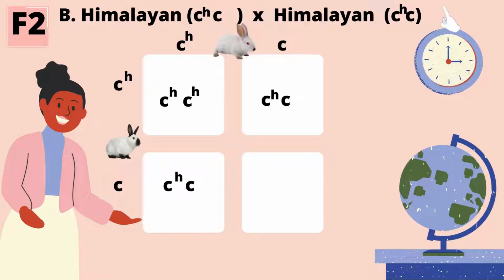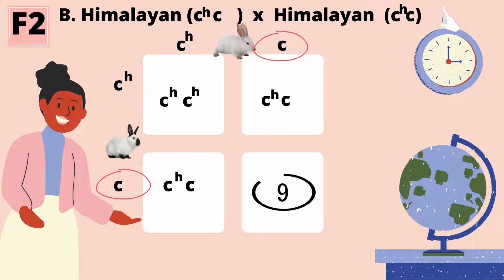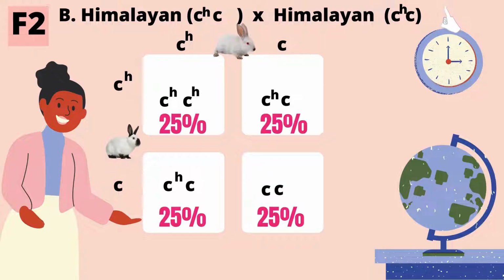And for the last box, another 10 seconds. Timer starts now. The answer is small letter c, small letter c.